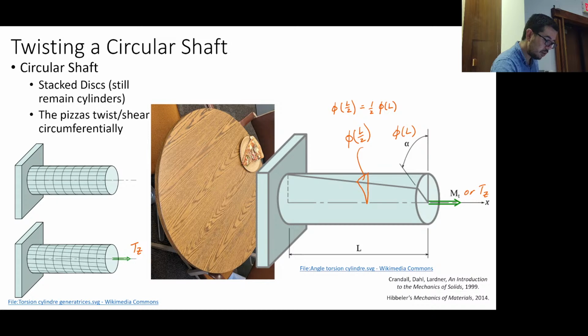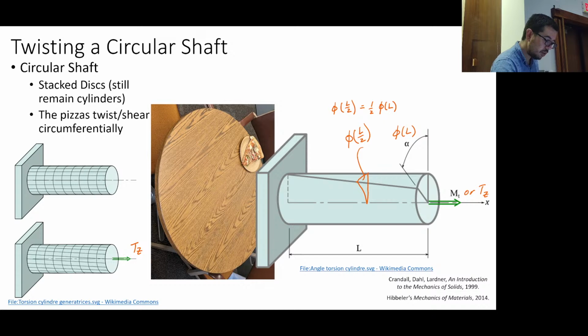Imagine you have a rod sticking out of a wall, and let's draw a whole bunch of grids on it around the outer surface. I think we talked about this before.